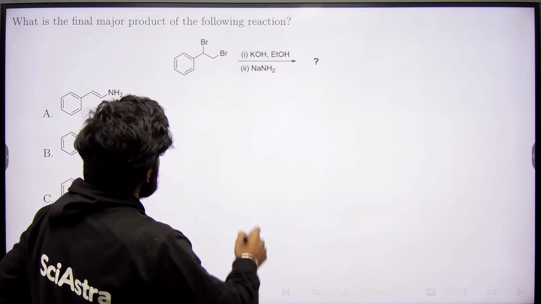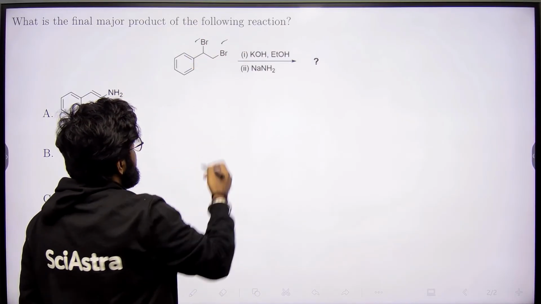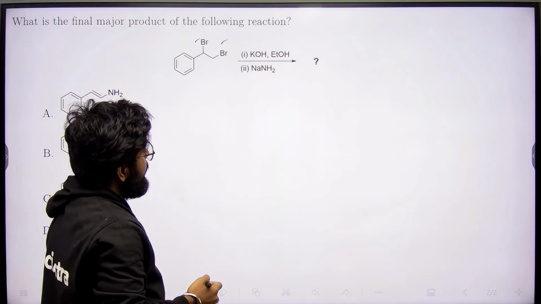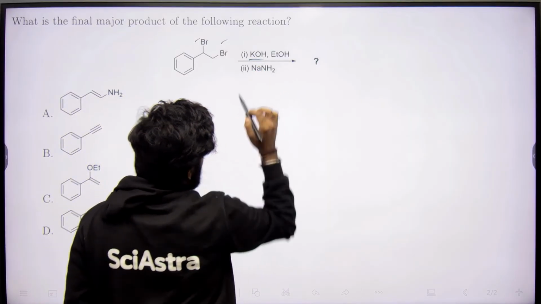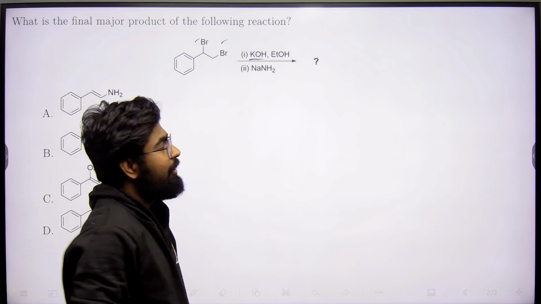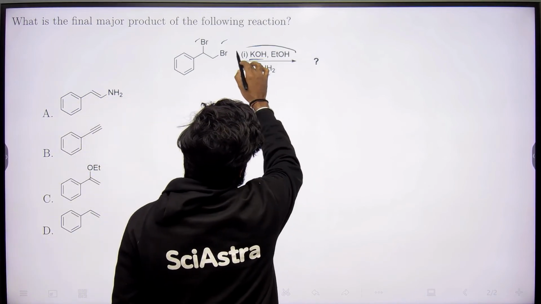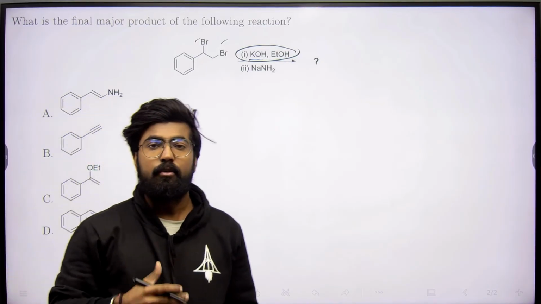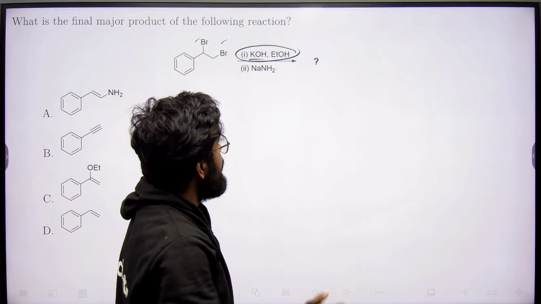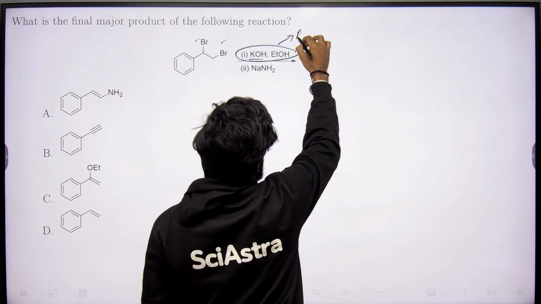In this question, we have been given a dihalide, right? So basically, this is an adjacent dihalide, and we have to treat it with KOH, EtOH. Now, most of the students may get confused while seeing this mixture of KOH and EtOH, but if you look closely, it is nothing but alcoholic KOH.